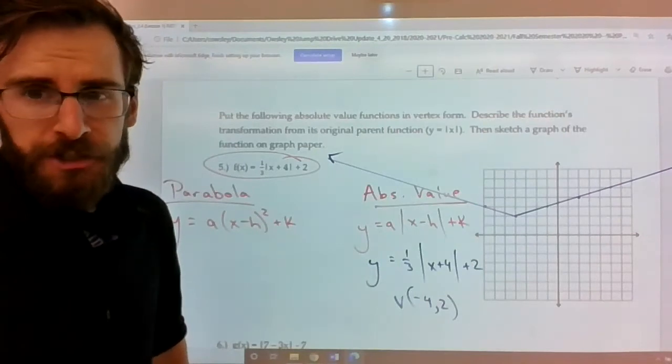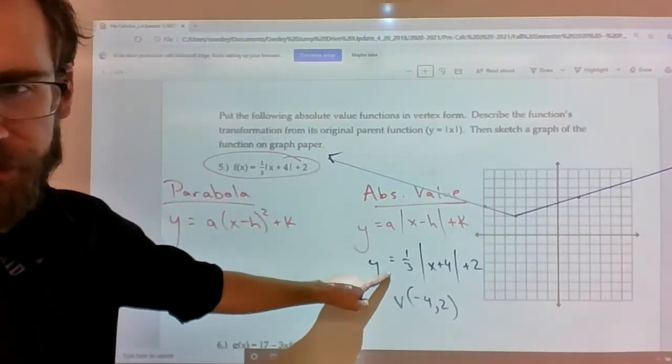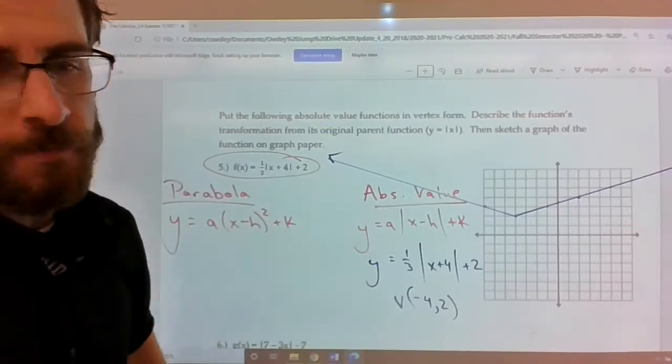So that's what your absolute value function looks like. It's been compressed by this 1/3 here, shifted left 4, up 2.